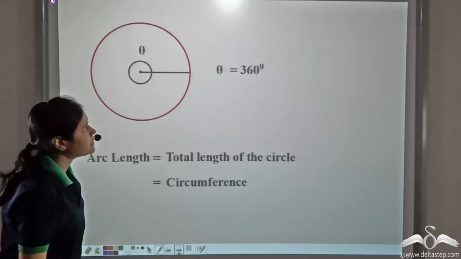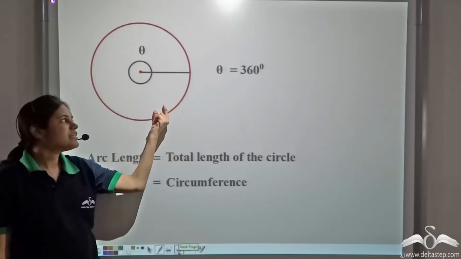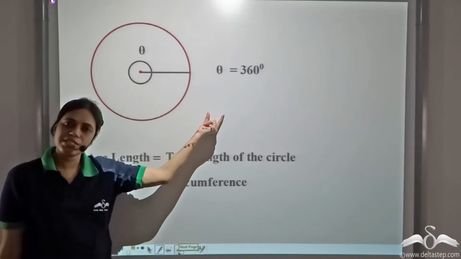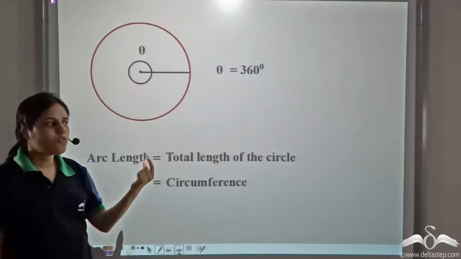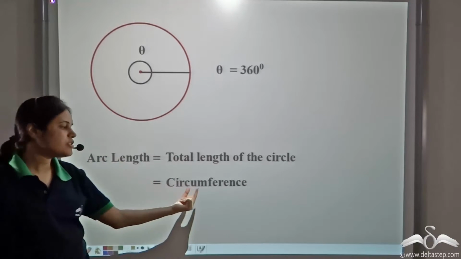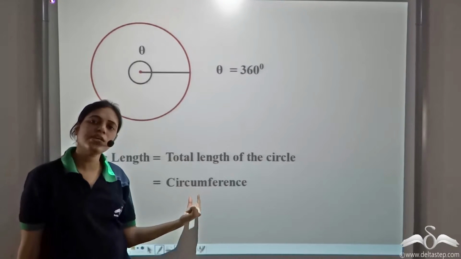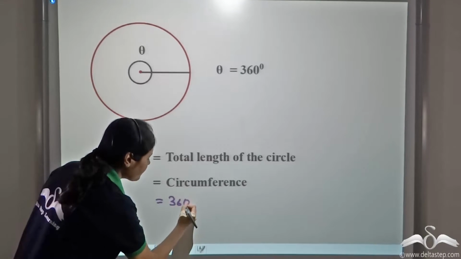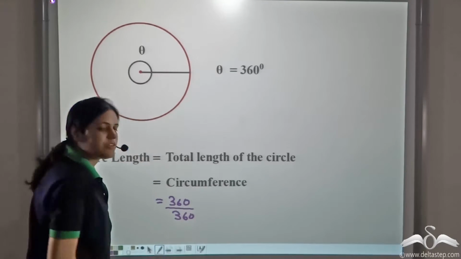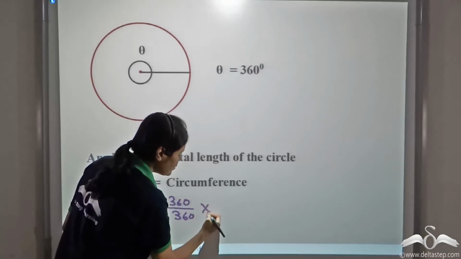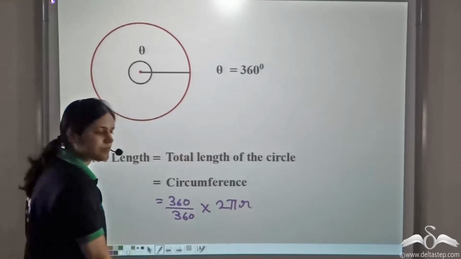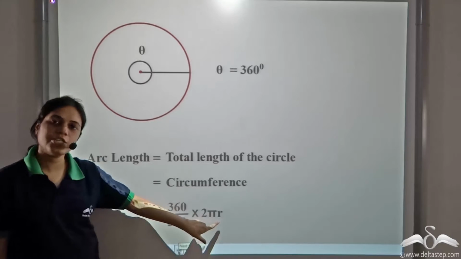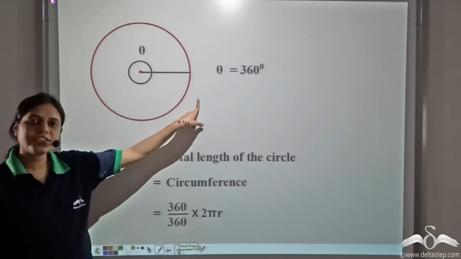Now if we consider the entire circle, even this can be considered as an arc with a central angle theta equal to 360 degrees. In this case, what is the arc length? The arc length is obviously the total length of the circle, or the circumference. This can be written as 360 by 360, which is 1, into circumference, which is 2 pi r. Now 360 is the central angle.